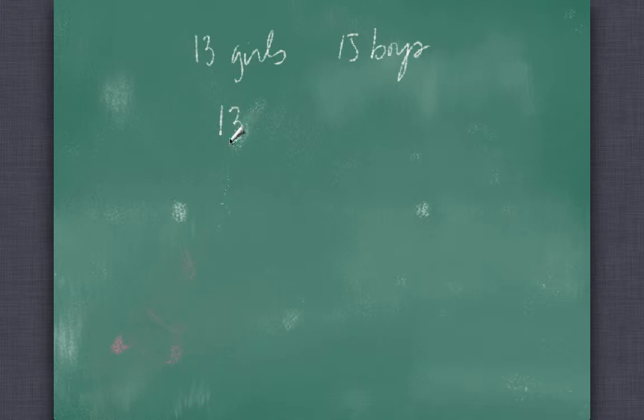So you have 13 ways to choose the president, you have 15 ways to choose the vice president, and then you only have 12 ways now to choose the secretary because one of the girls has already been assigned. And you divide by 28P3 because order is mattering.